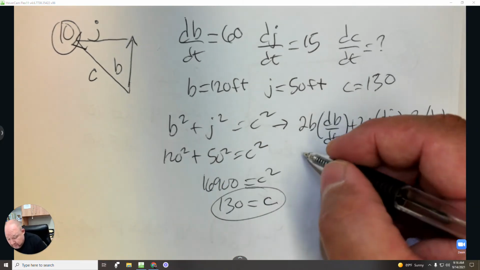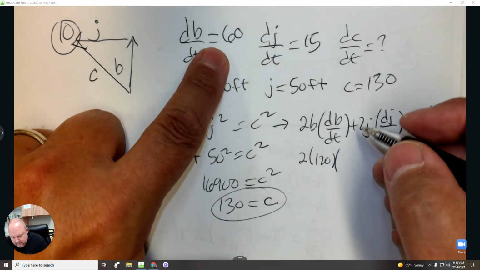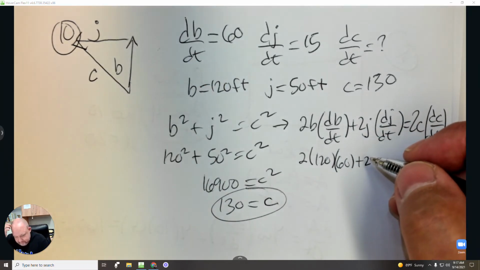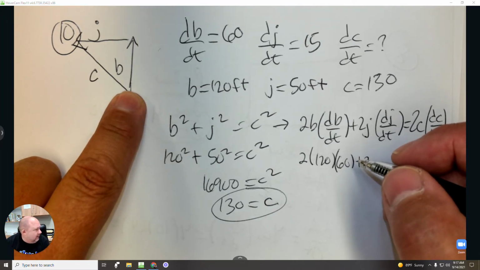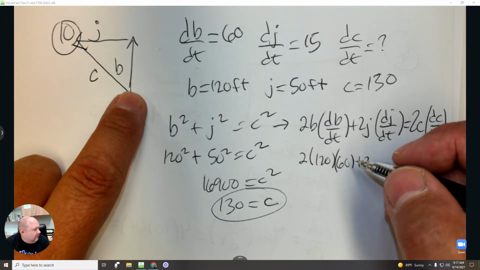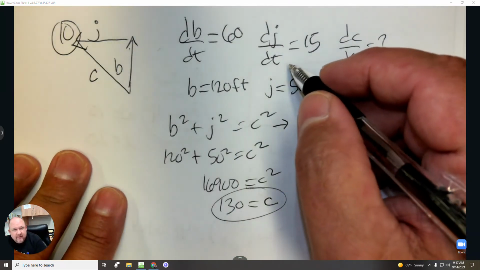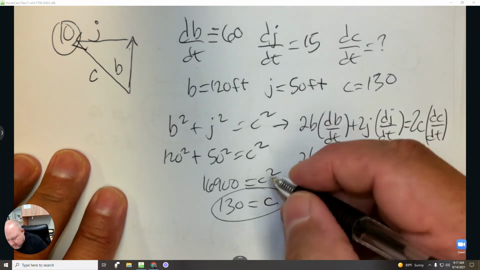And now it's algebra time. So b is 120. The rate for b is 60. Now the rate for b might be negative, right? So notice this distance here is getting shorter as it's going to the intersection. So this is going to be a negative 60, something to always be aware of.